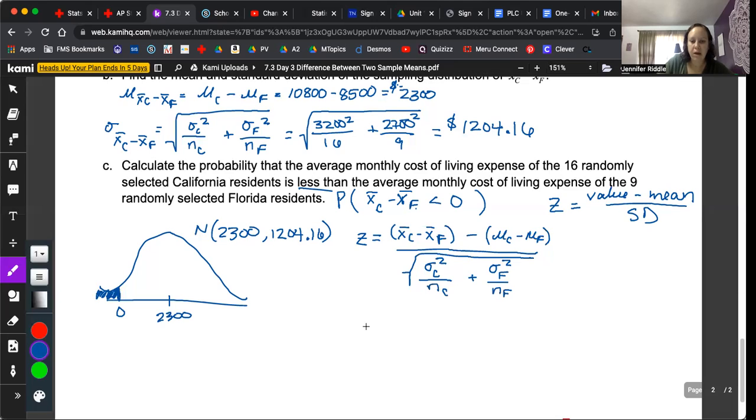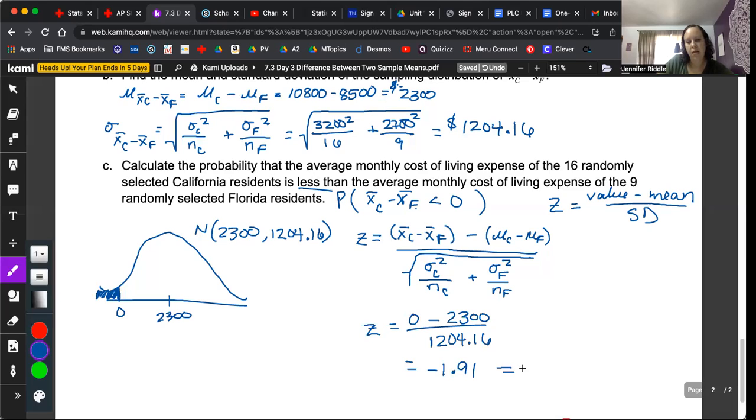But we've already found all of these values. The value I'm interested in is 0 minus the mean of 2,300, divided by the standard deviation of 1,204.16. That gives me a z-score of negative 1.91.